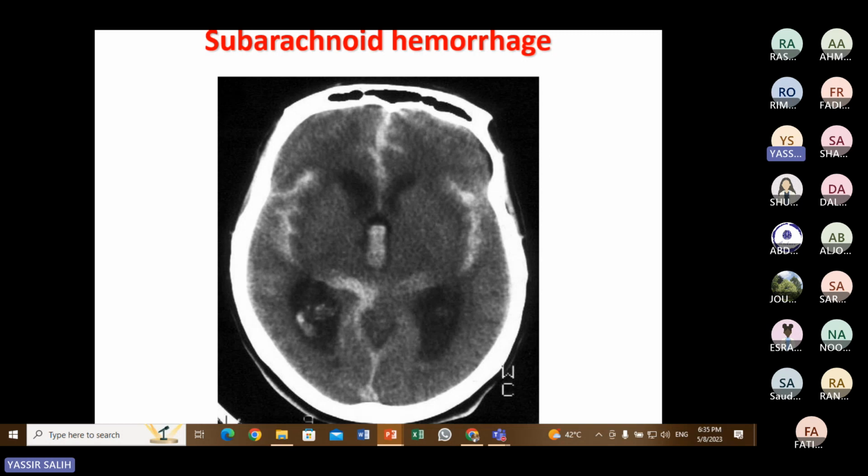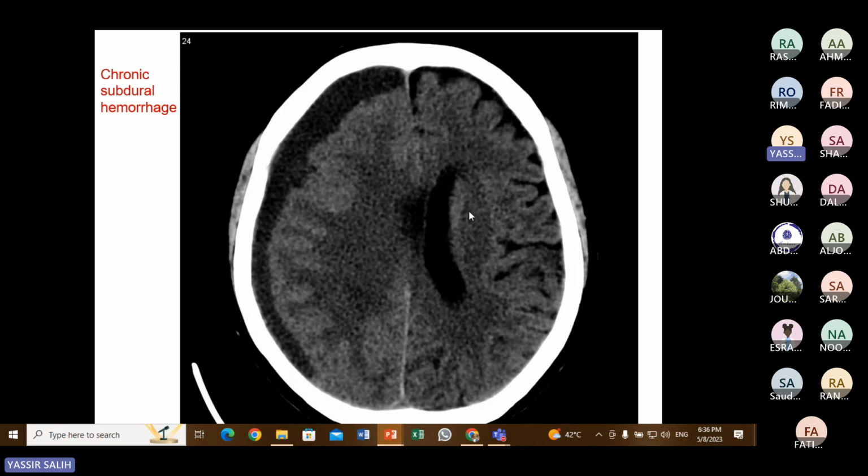Because the blood is seen in the basal cisterns and the sulci, and even in the ventricle. This is subarachnoid hemorrhage. Blood is circulating here; these areas should all be black due to the presence of CSF. But this is subarachnoid. This is the diagnosis.